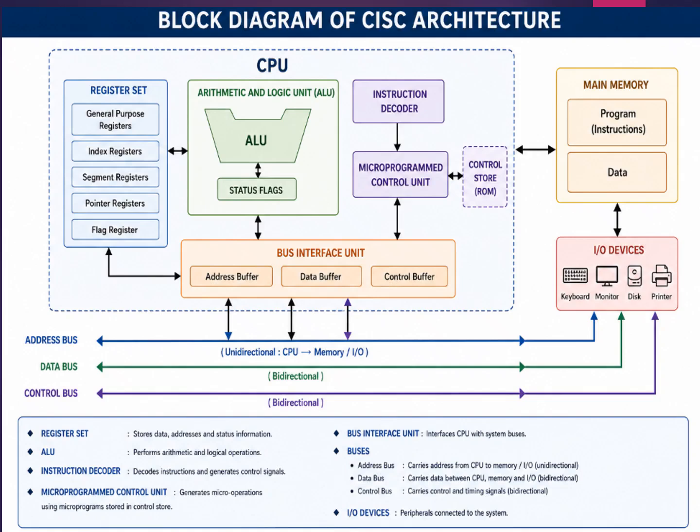Again, what is the use of the data bus? It carries the data between the CPU, memory and the input output devices. It is bidirectional, so both directions the data can travel.